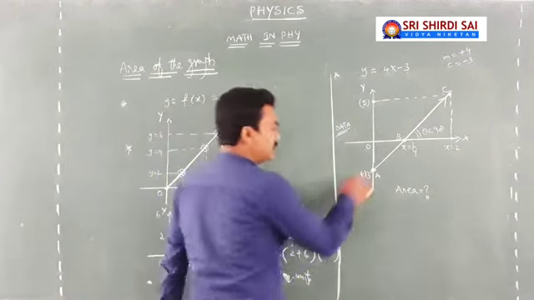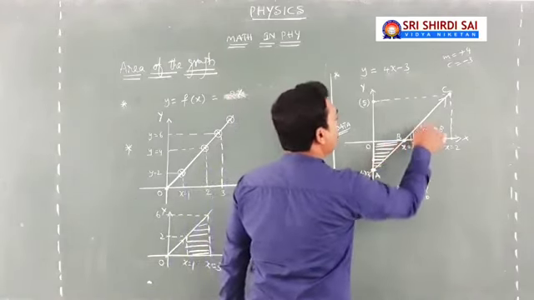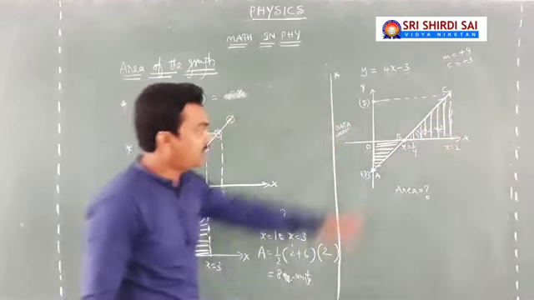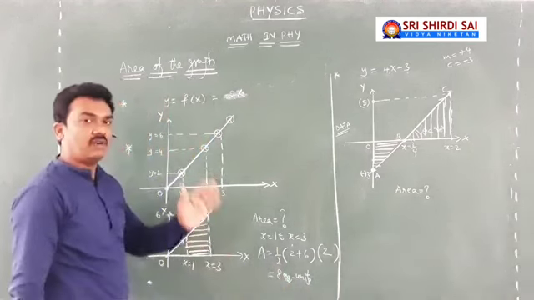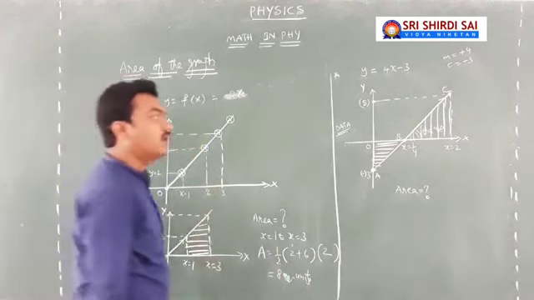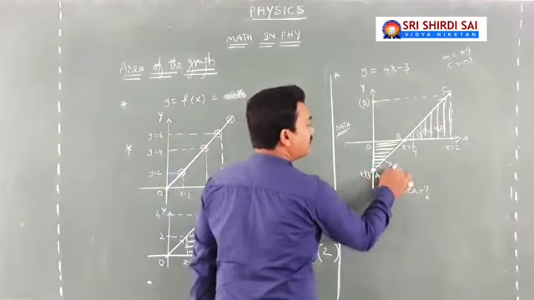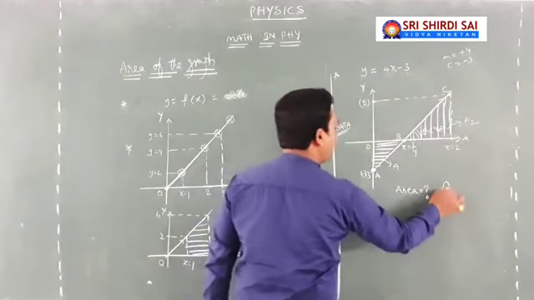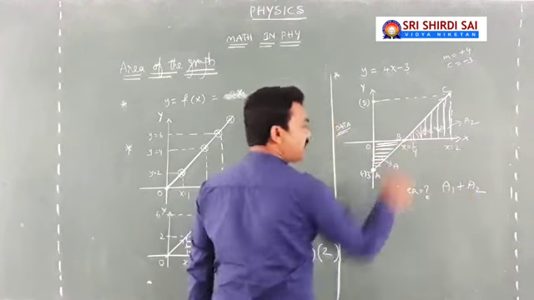Now see, this shaded portion will represent the area covered by the graph. This shaded portion is the area covered by the graph. Then how to calculate? Yes, certainly what you are expecting is right. If this is A1 and this is A2, then the area covered by the graph will be A1 plus A2. Of course, this is a triangle and this is a triangle.